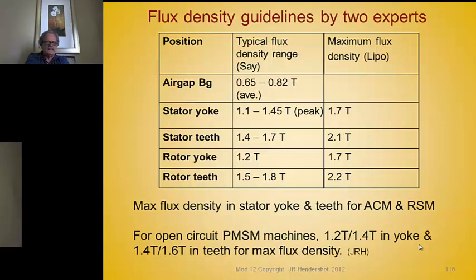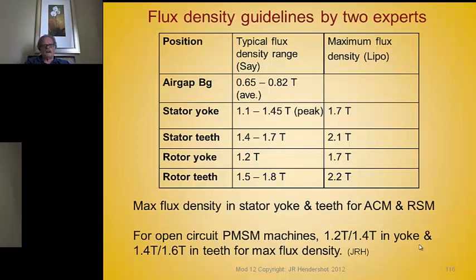Say recommended in induction machines an average air gap flux density of 0.65 to 0.82 Tesla. Lipo didn't provide that in the same reference that I found these flux densities, but I think it's safe to assume he was using the same kind of numbers.